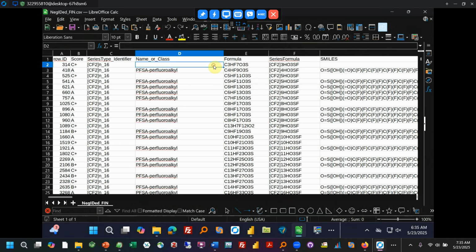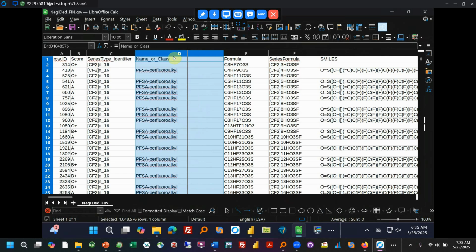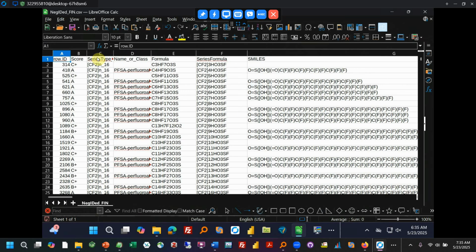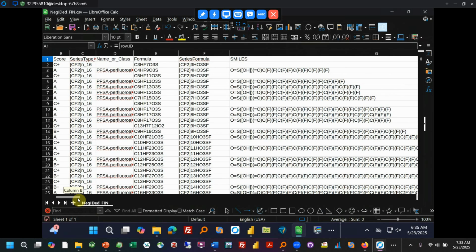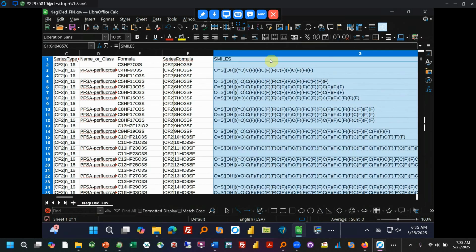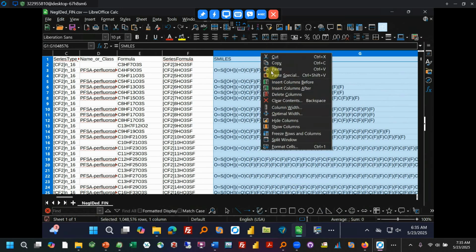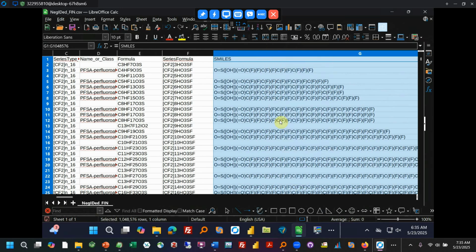As far as what I'm going to be looking at, I probably want to know the formula, series, score. Definitely want the identifier and the series type to look at, but I'm going to be hiding a bunch of other columns. So let's hide this one.